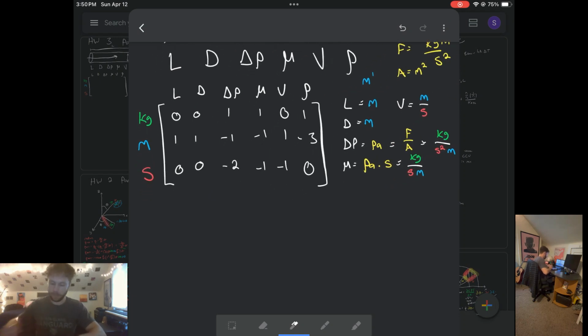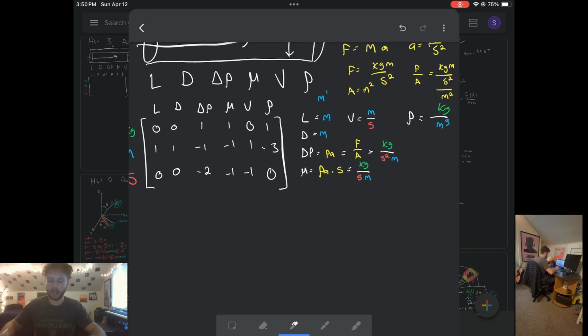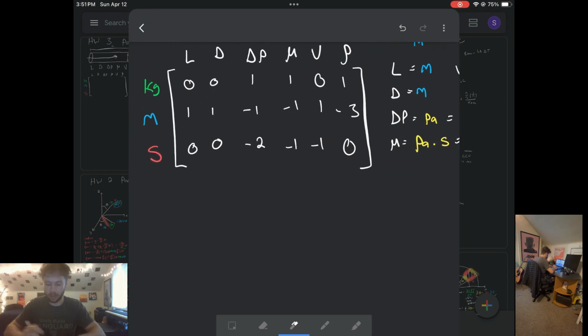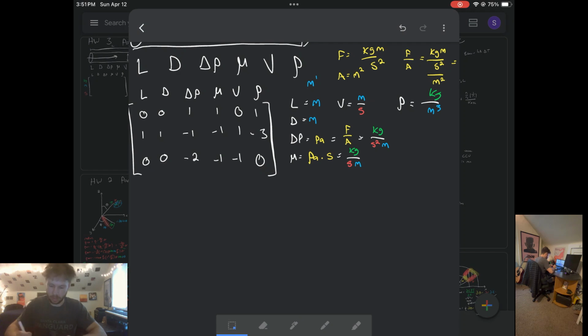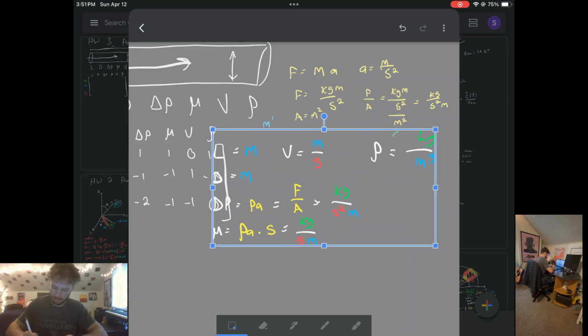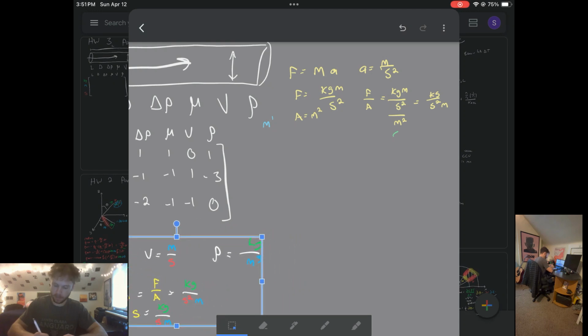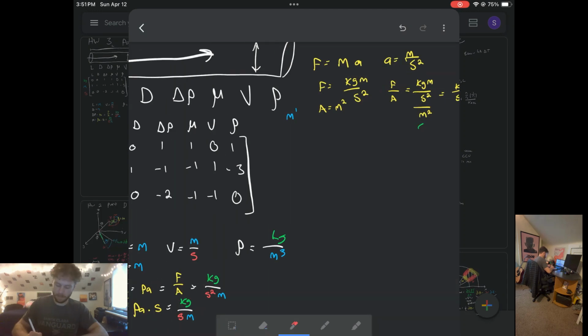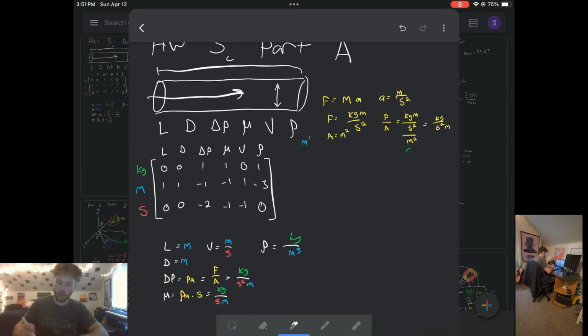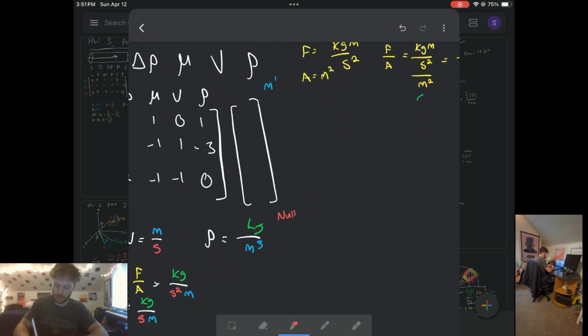Okay, so in order to find our dimensionless values using this matrix, we'll need to multiply this matrix by what we call a null space.